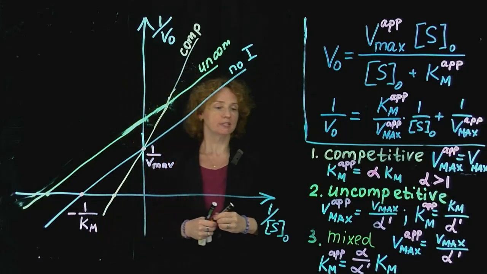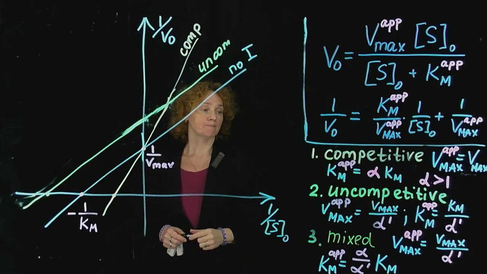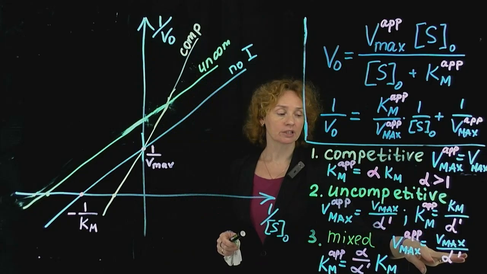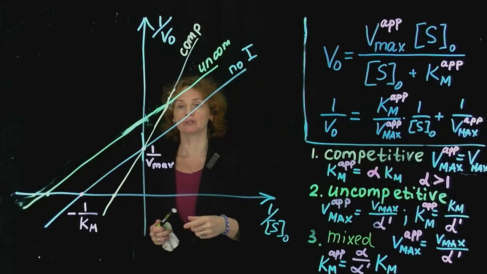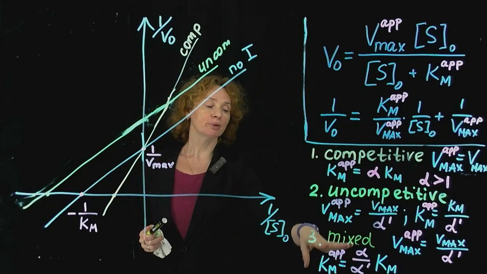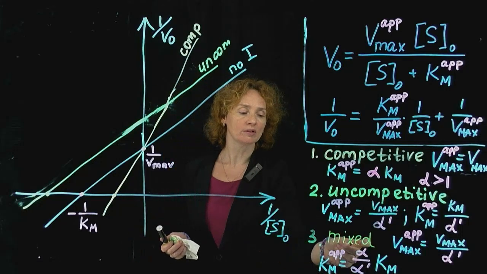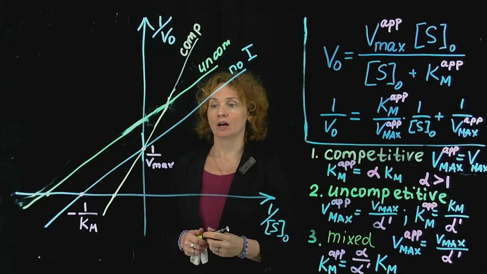So what happens if I have a case of mixed inhibition? In this case, definitely my maximum velocity decreases the same factor as it would decrease in the presence of uncompetitive inhibitor. But my Michaelis-Menten constant can be either increased or decreased or not changed, depending on the values for alpha and alpha prime.